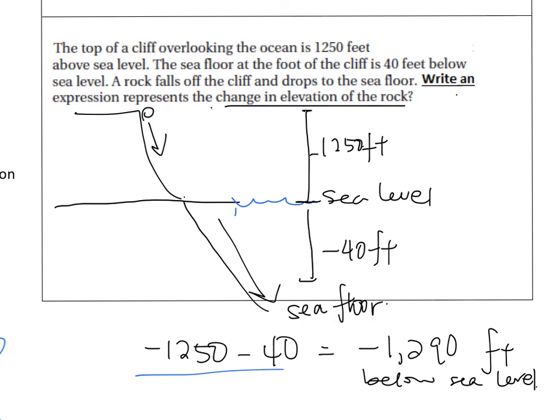This would be your expression, and if you were to solve the problem, this would be the answer. The word problem did not ask you to solve the problem, but that's okay. And that concludes the lesson.